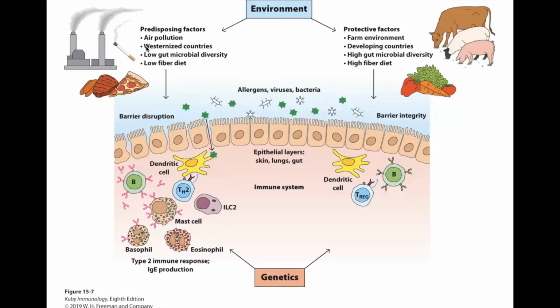Individuals in westernized countries, like the US, end up having low gut microbial diversity. So there are a lot of microbes that used to be present in prior generations that aren't present now.